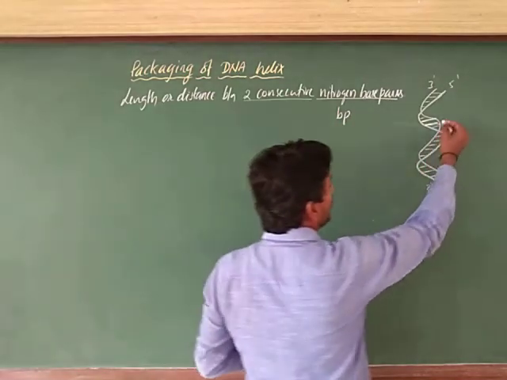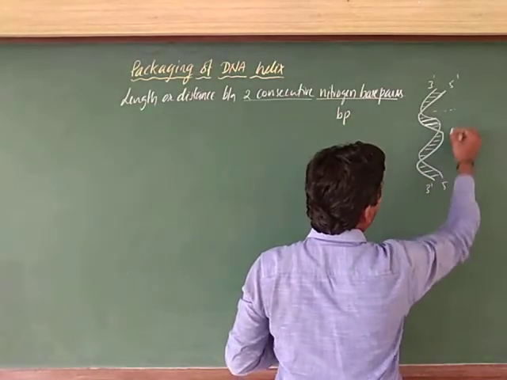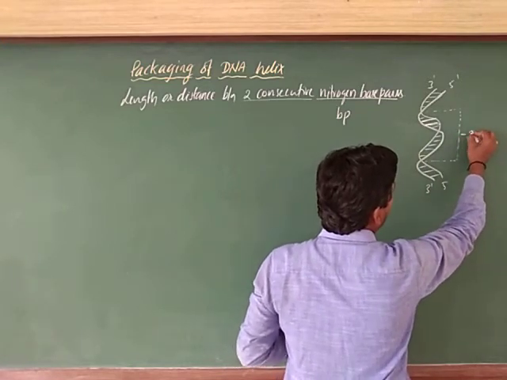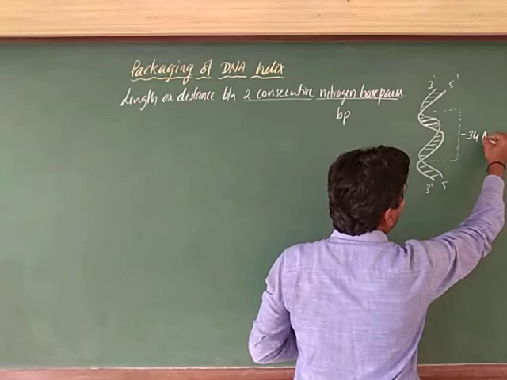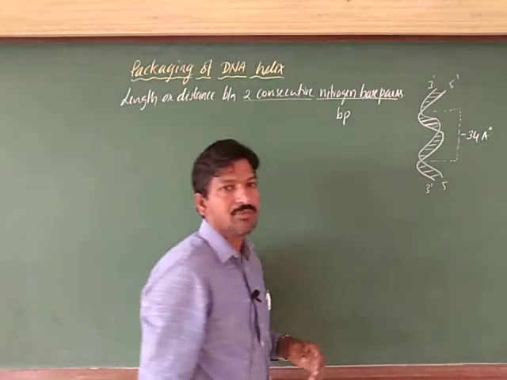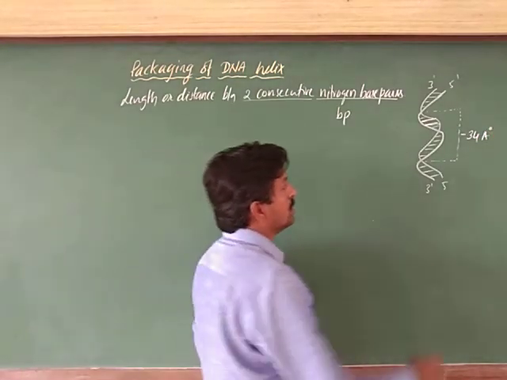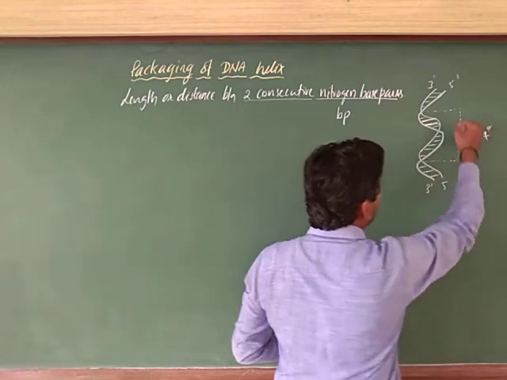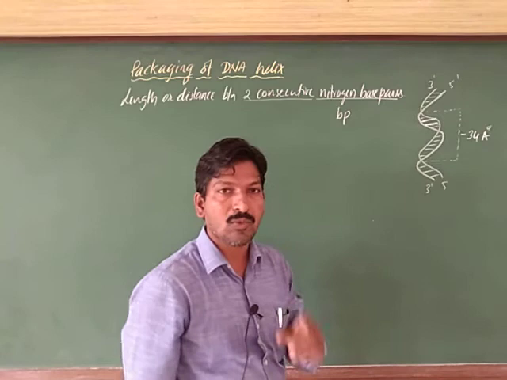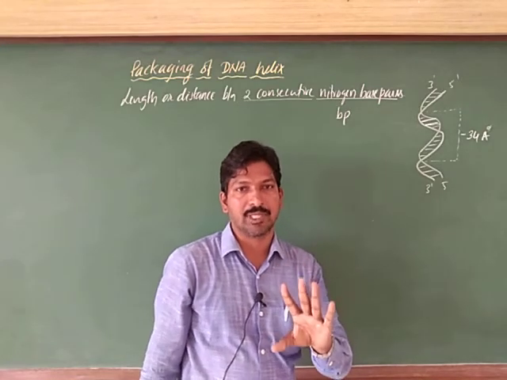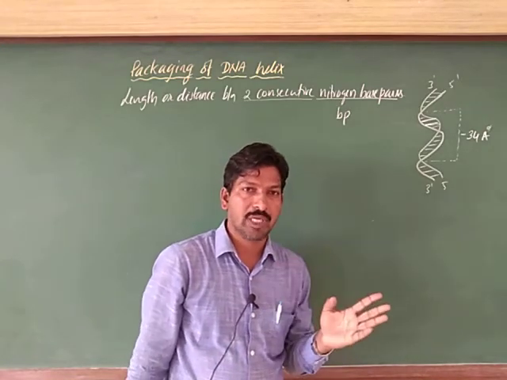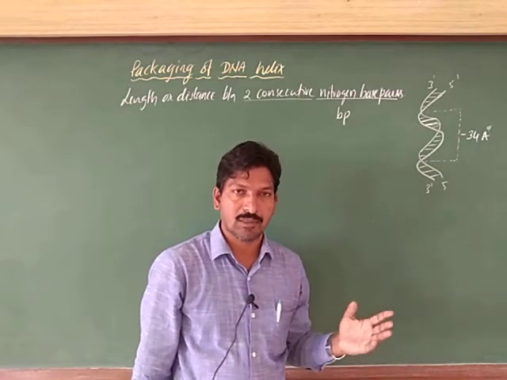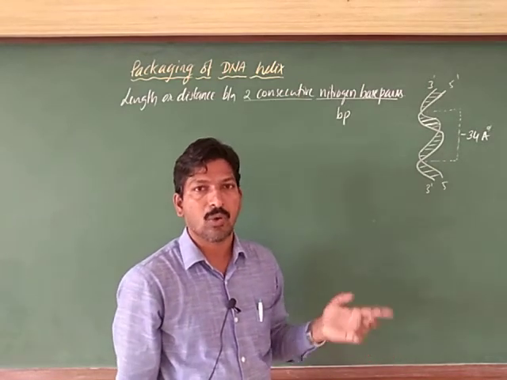Already we know that for a complete turn of DNA the length is 34 angstrom. In that one complete turn there are 10 base pairs, because in the Watson and Crick model, the B form of DNA, it is a right-handedly coiled structure that turns in the clockwise direction.